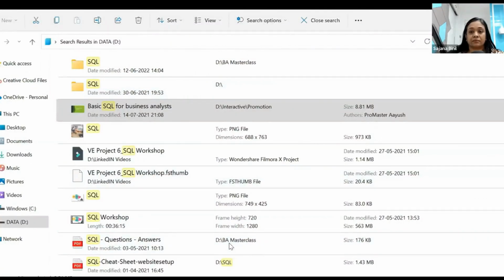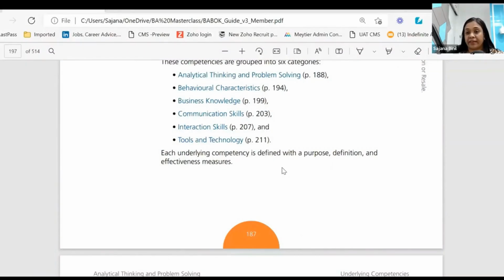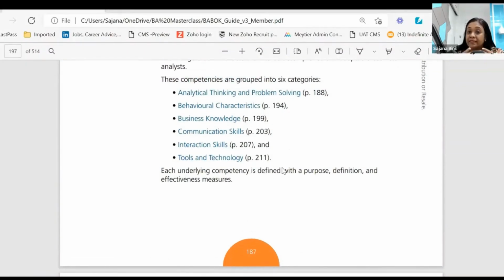Let me show you the page number of BABOK. Page number 187. The next category of competencies that are displayed in BABOK is business knowledge.